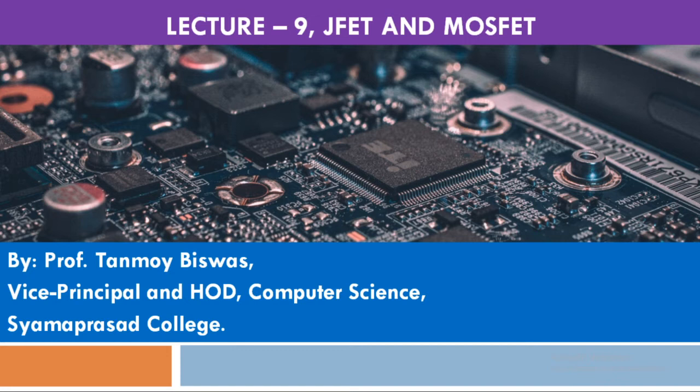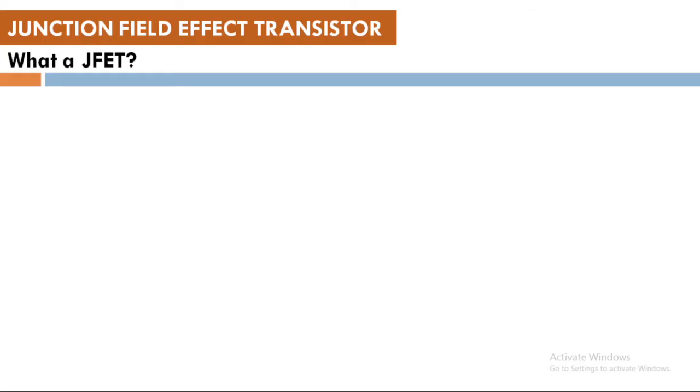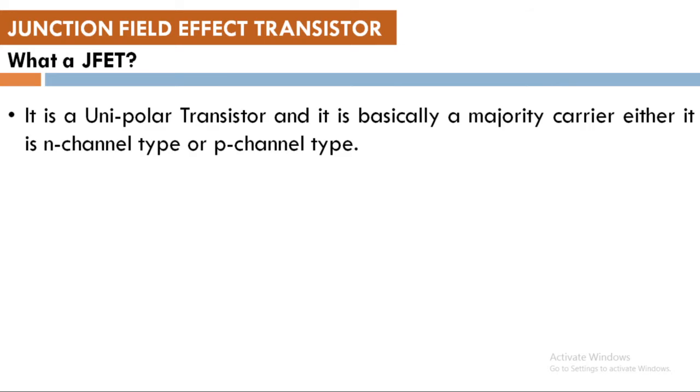Now, when we discuss the junction field effect transistor, it is a bit different from a transistor, because in a transistor both the carriers come into play when we are talking about its working. But in the case of a junction field effect transistor, it is usually a unipolar transistor.